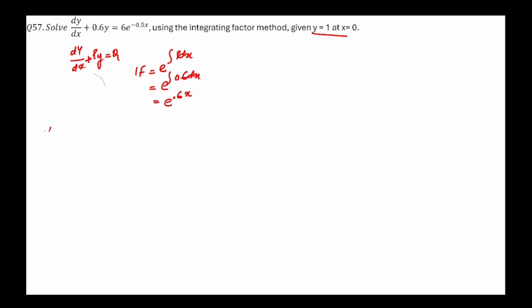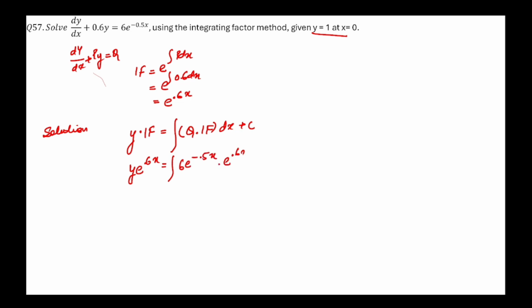Okay, now the solution of this kind of equation is y into integrating factor is equal to integral of q into integrating factor dx plus c. So this is the solution of this kind of equation. So y times integrating factor e to the power 0.6 x is equal to the integral of q, which is 6 e to the power minus 0.5 x, into e to the power 0.6 x dx, plus c.